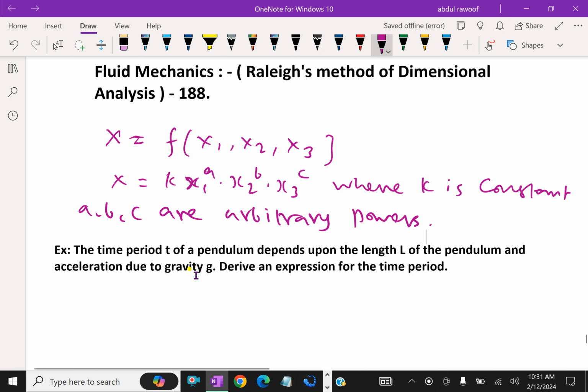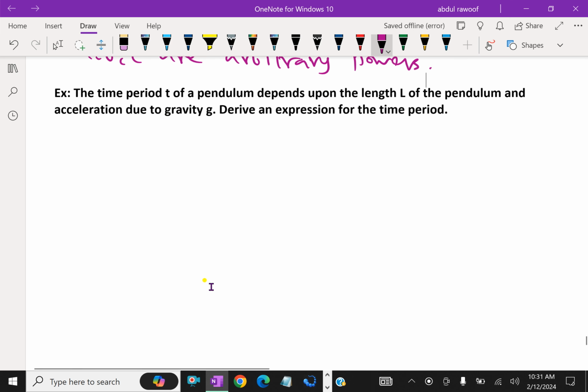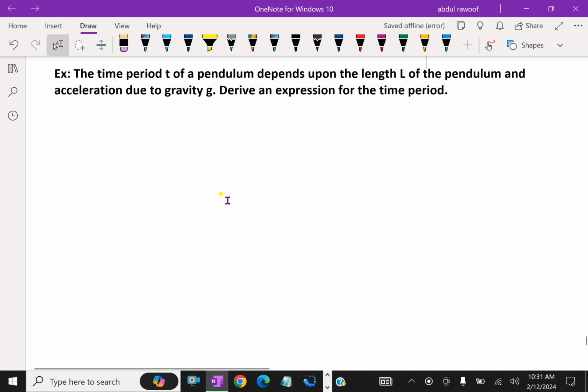Regarding this method, let us do one example problem to understand this concept clearly. The time period t of a pendulum depends upon the length L of the pendulum and acceleration due to gravity g. Derive an expression for time period. Here, time period t is a function of L and g.